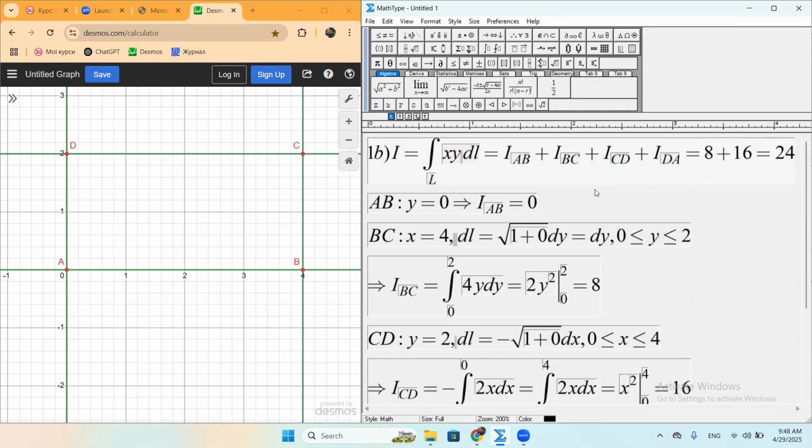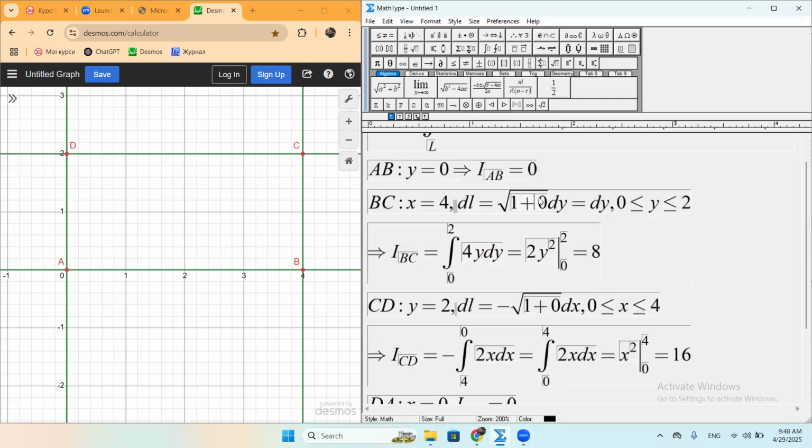Why is dl always 1 plus 0? In this case, 1 plus 0. Because here x is the function. If we integrate along BC, x is a function that depends on y, but actually it is constant. And if I differentiate a constant, I will receive 0.